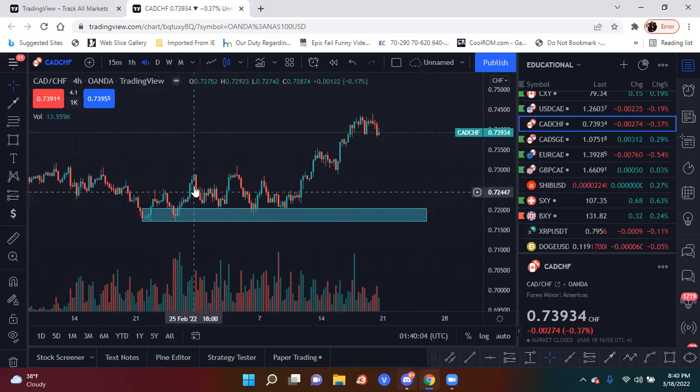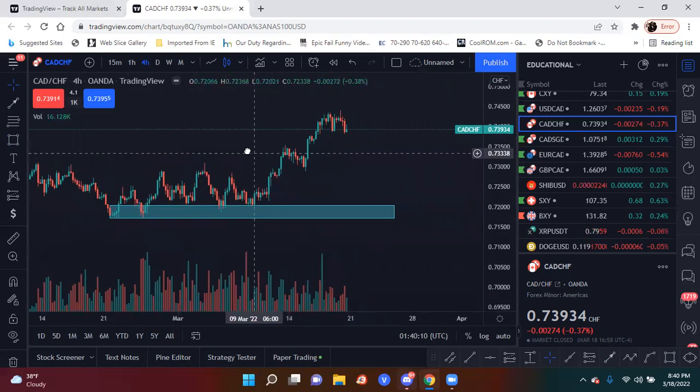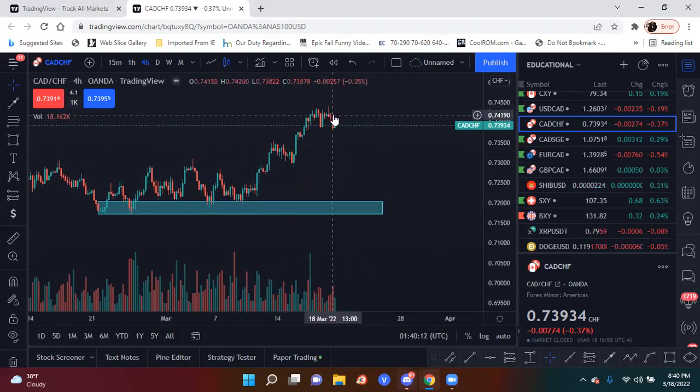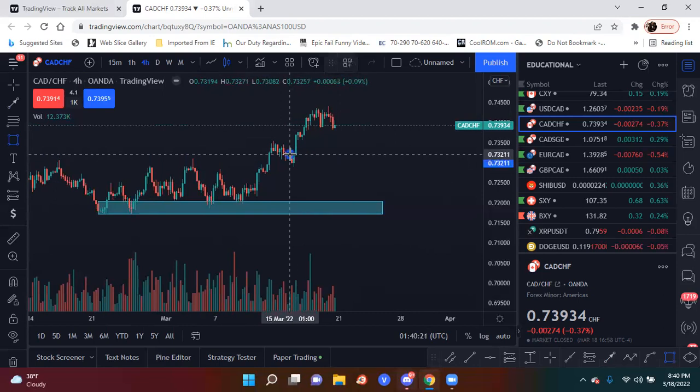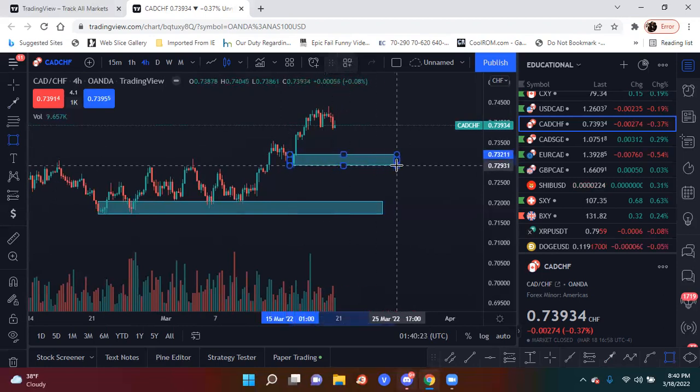So it tapped it, could have made a buy off that, buy off that, buy off that. Now, how long ago was this? This was March. This is a strong zone. And then obviously there's other zones, there's a zone right there.